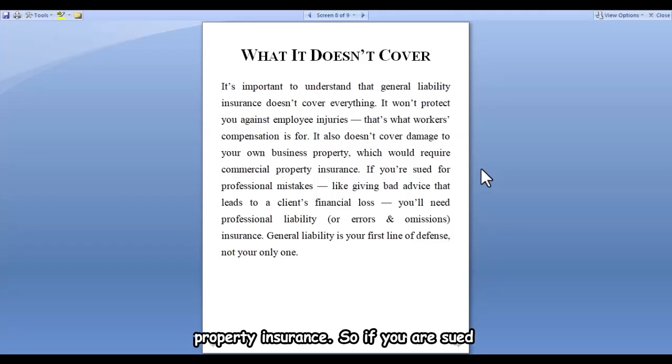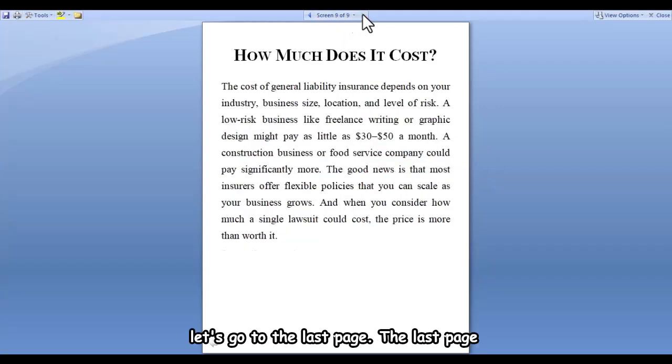If you are sued for professional mistakes, like giving bad advice that led to a client's financial loss, you will need professional liability or errors and omissions insurance. General liability is your first line of defense, not your only one. Now let's go to the last page. The last page says, how much does it cost?